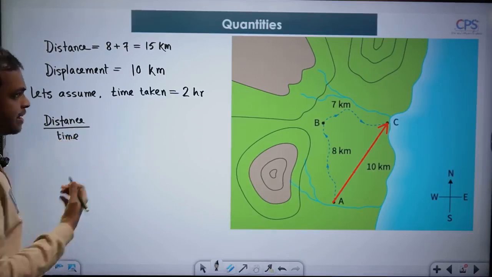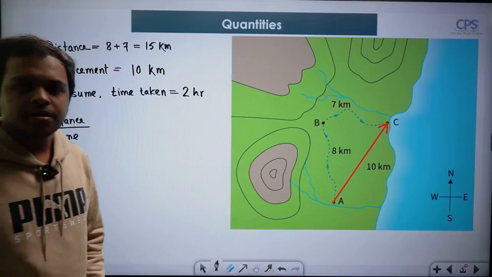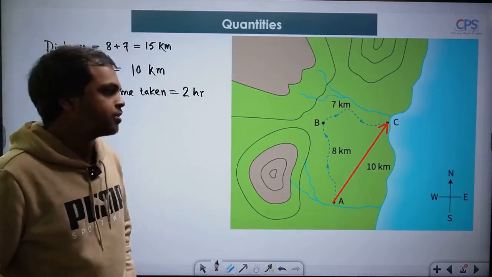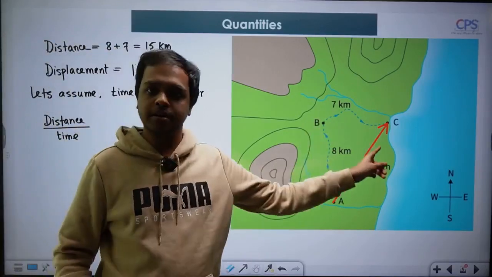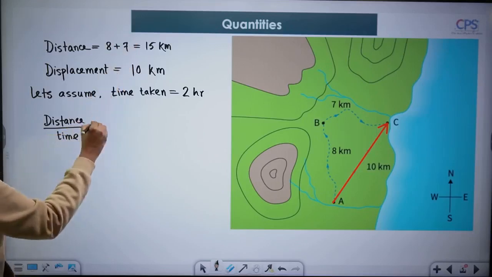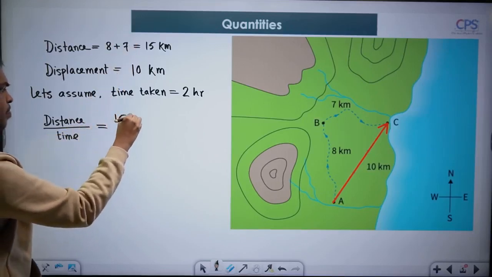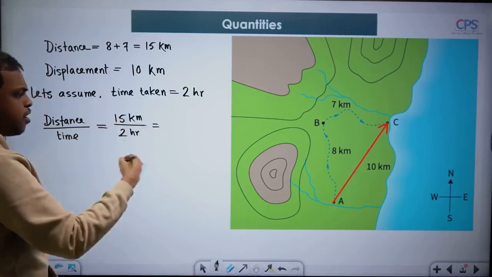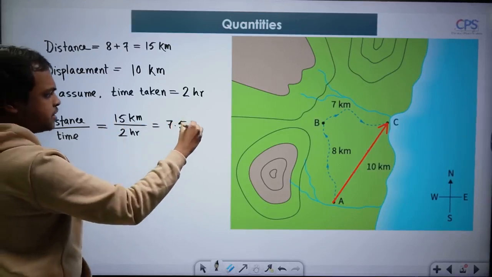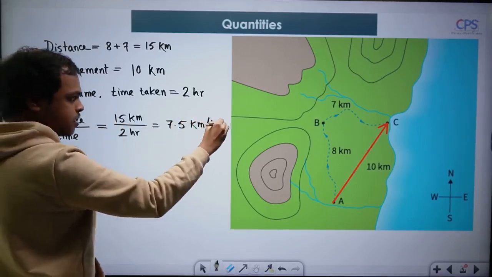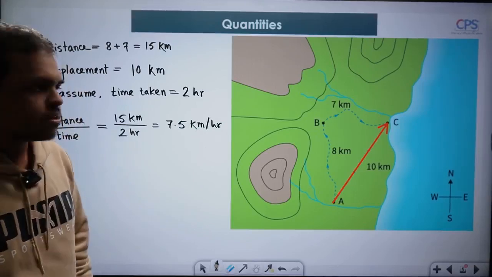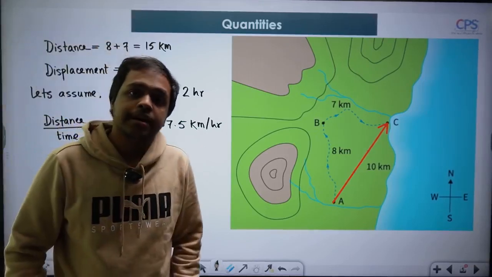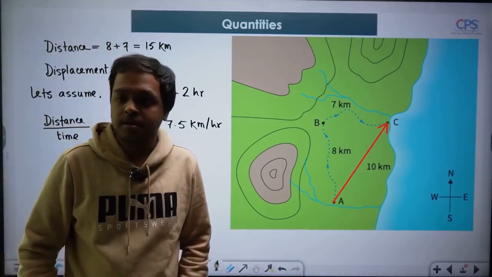What I am calculating is how much is the rate of distance covered for that person. So distance is 15 kilometers divided by 2 hours, and that's 15 by 2 or 7.5 kilometers per hour. So the person is actually walking 7.5 kilometers per hour.